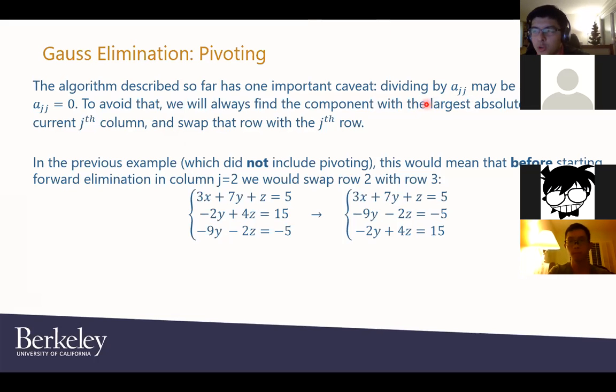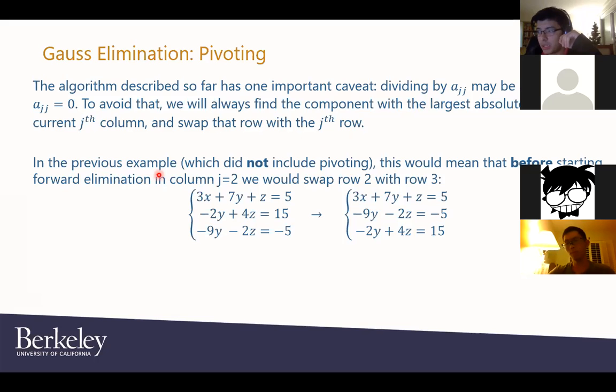Because when we were doing the forward elimination, we were dividing things by AJJ. And if there's a 0 on that diagonal, then that's divided by 0. It goes to infinity, and we cannot continue.